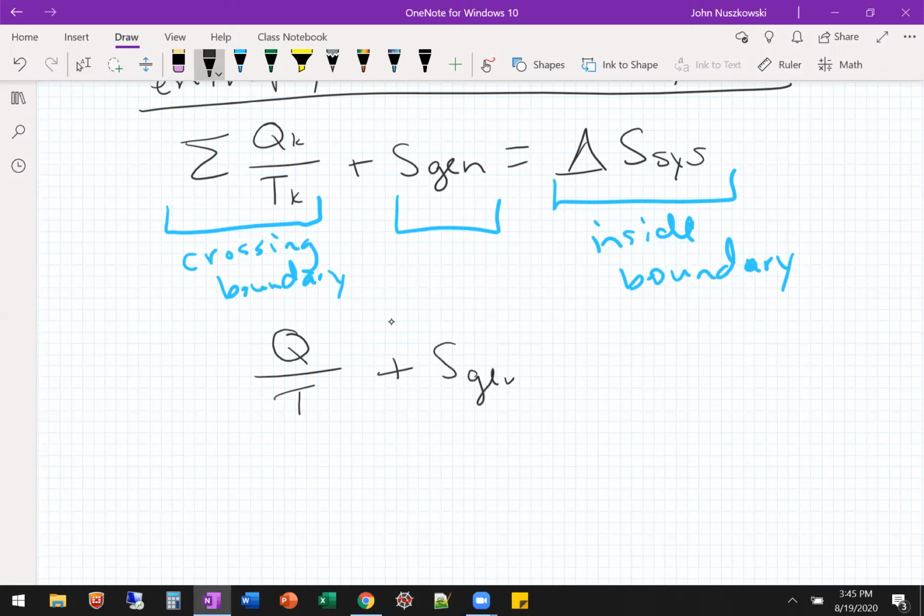We have SGen that we're solving for, and then we have mass times S2 minus S1, okay? All right, so if we look through this, we have a heat transfer. What temperature goes with that heat transfer?